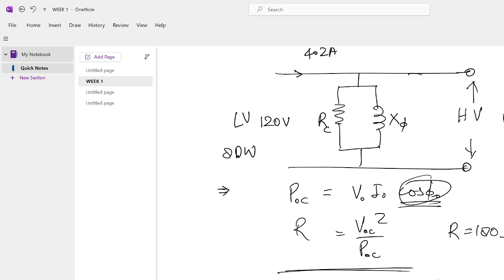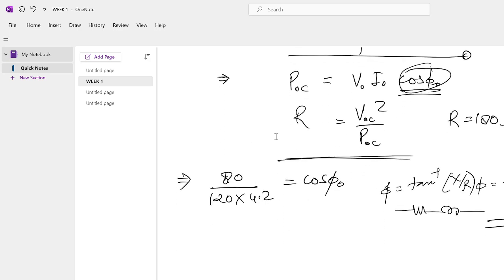So from here you can get the value of phi, that will be 0.148.